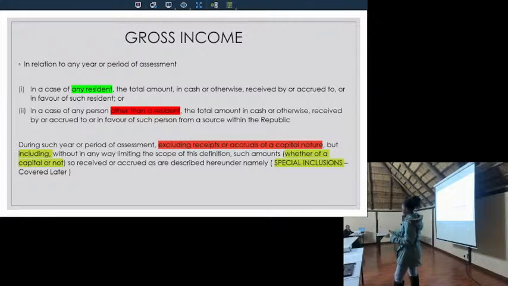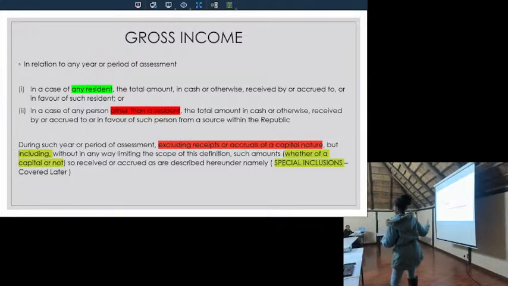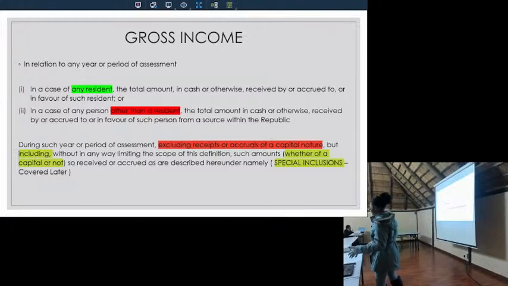If your scenario says it's a salary, include it as is. That's why the last paragraph is telling you whether it's of a capital nature or not. If there is a special inclusion for it, put it in, right? That's what it means. So you don't have to go through your case laws to determine whether an annuity should be included in a taxpayer's gross income. Are we good? So those paragraphs, just include. If you see a dividend, don't think about case laws, just put it in there. Are we good? Cool.